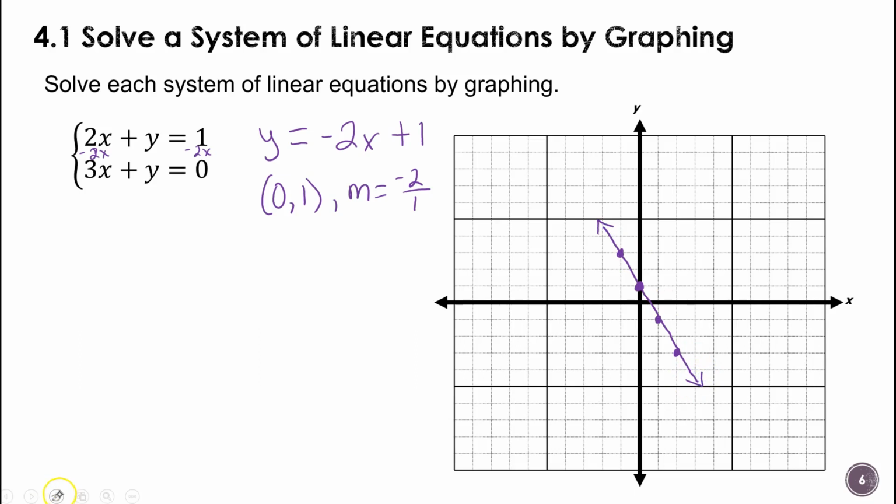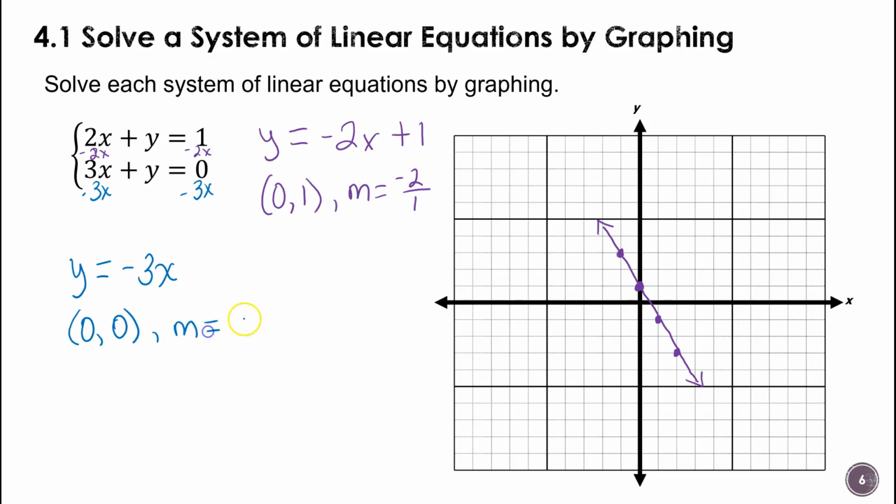I'm going to change colors. I don't know how much, hopefully you guys can see these. And so on the second equation, I'm going to subtract the 3x. All right, so I get y equals negative 3x. So that means I have a y-intercept at 0, 0.